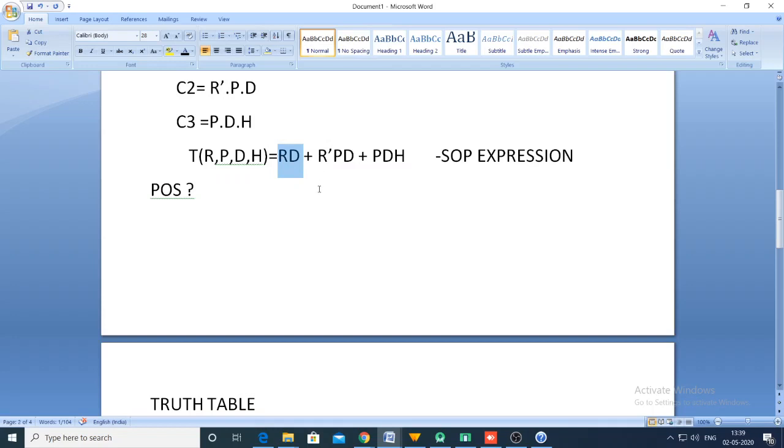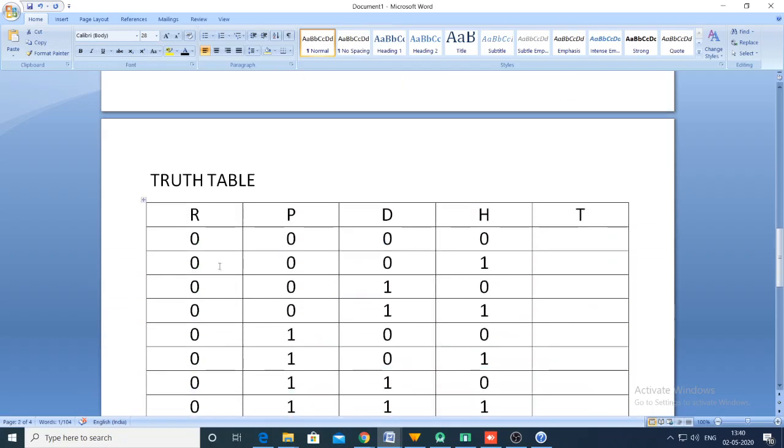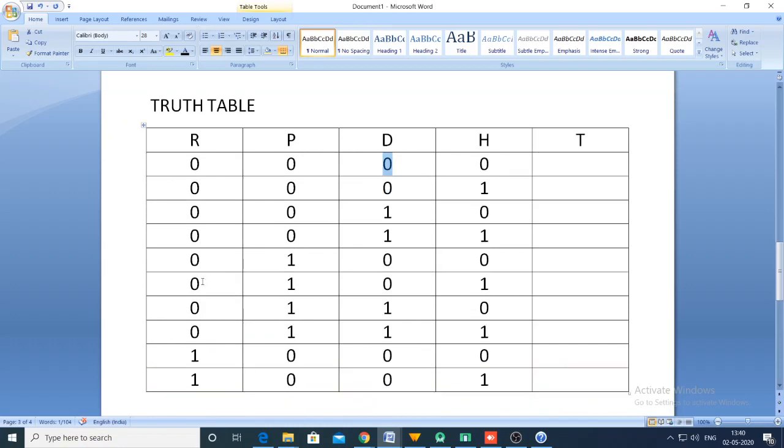Okay, make sure of that. Let me take the first min term, that is R and D. It means when R is 1 and D is 1, only then the result will be 1. So let us see R and D. R is 0, D is 0, so the result will not be 1. R and D both should be 1.